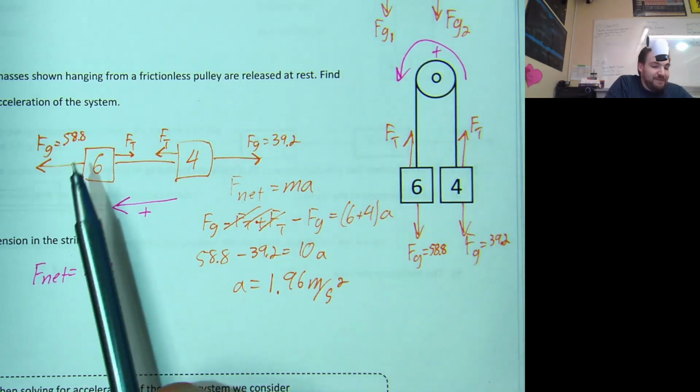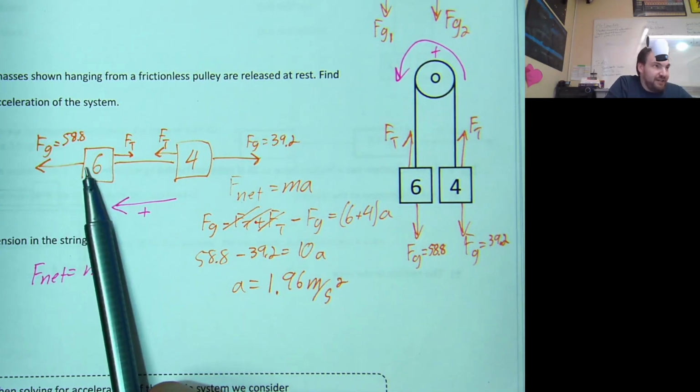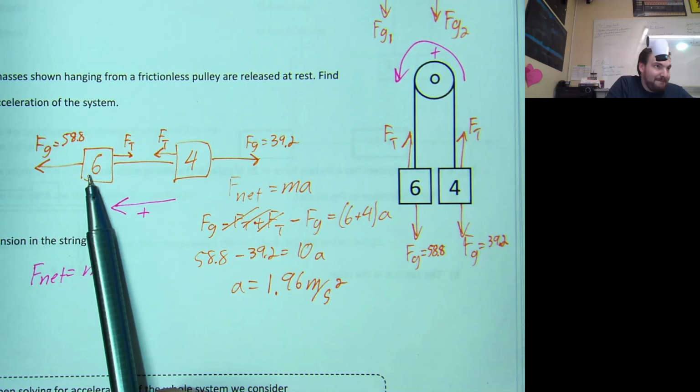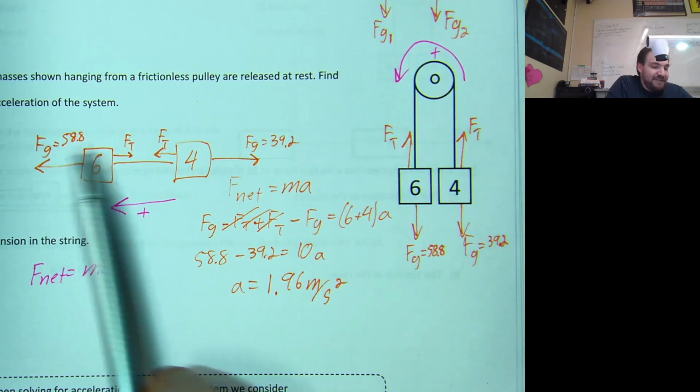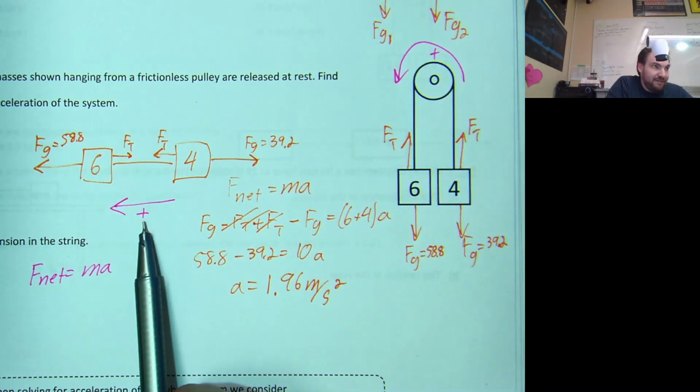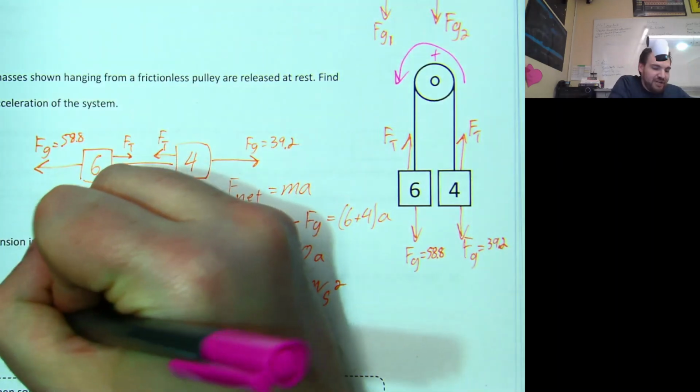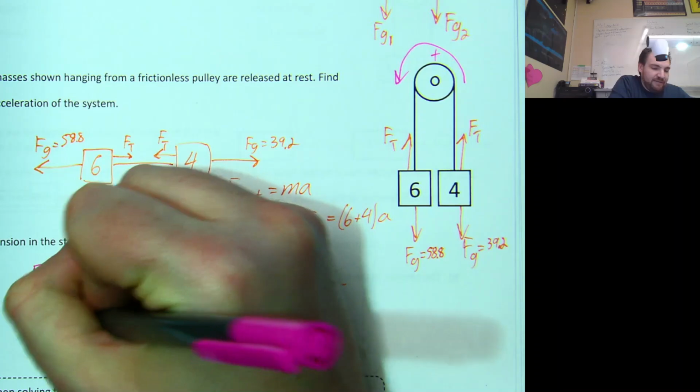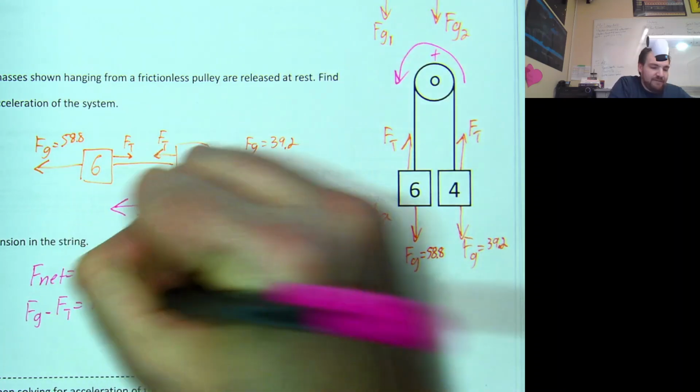If Jasmine picked this block, what's my F net equation going to look like? Is it going to be Ft minus Fg or Fg minus Ft? Yes. It's going to be Fg minus Ft equals ma.